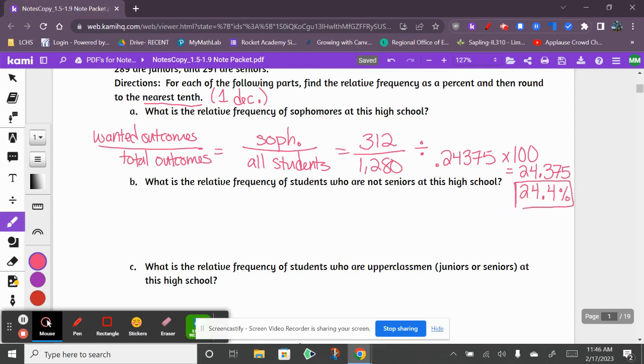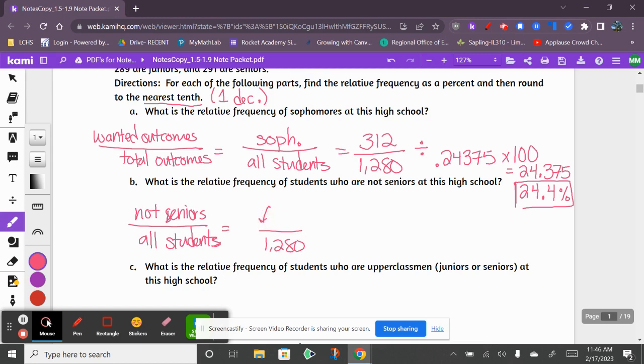What is the relative frequency of students who are not seniors? So for this one, we want them to be not seniors, and we're going to have them out of all students. So the bottom, that's still easy to find. That was our 1,280. But the top, you can do this one of two ways.